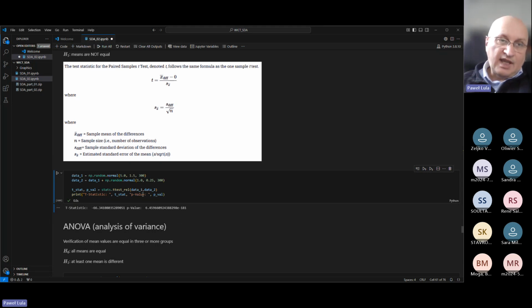We use this test to check it. So it is a t-test for the situation when we have two values for every object, two values taken at different points of time. And we want to check if there is a difference between these two values or not.